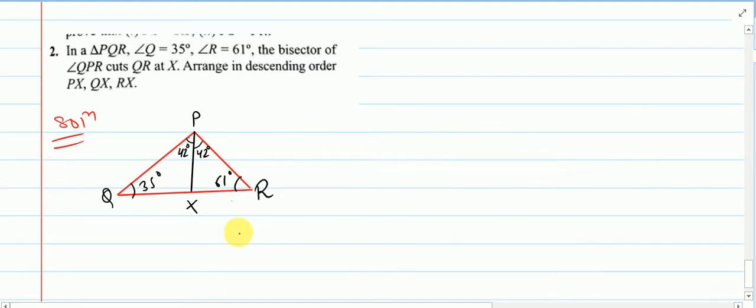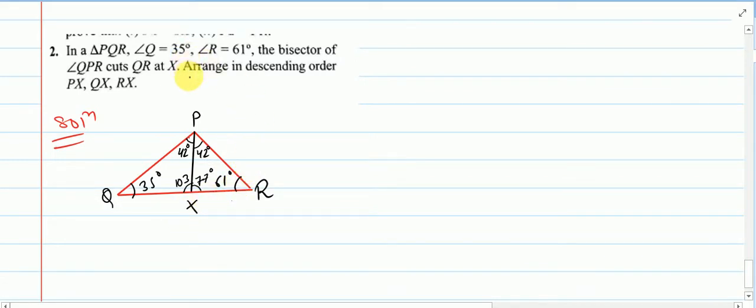Now you can easily find this angle, and this one. So here this angle will be 103 and this will be 77 degree.